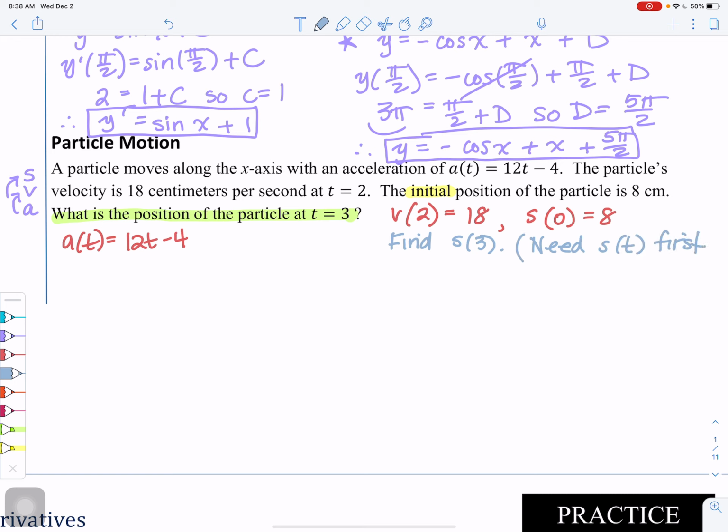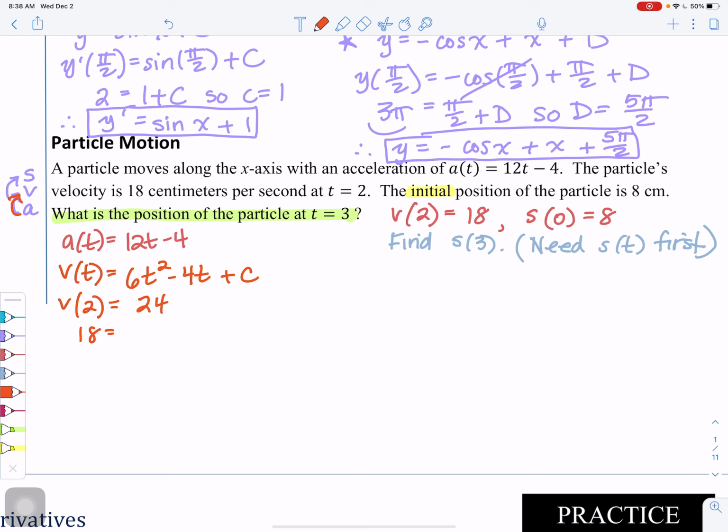Okay, let's go ahead and do this. We're here at A, and we need to go find velocity by finding the antiderivative. Add 1 and divide. Plus a constant.